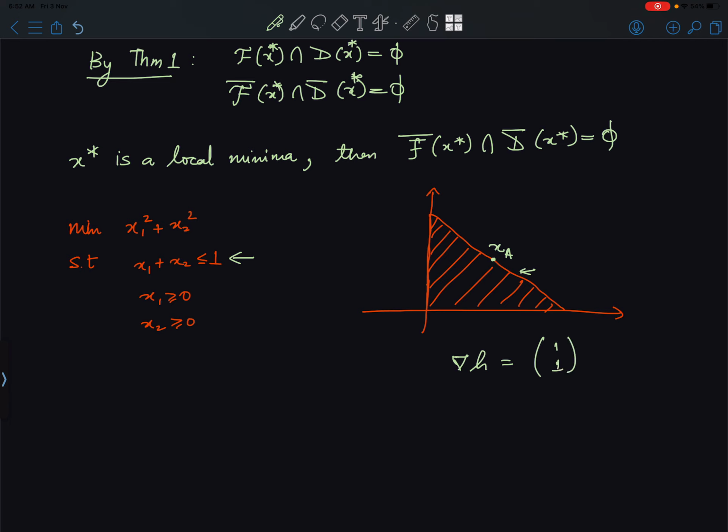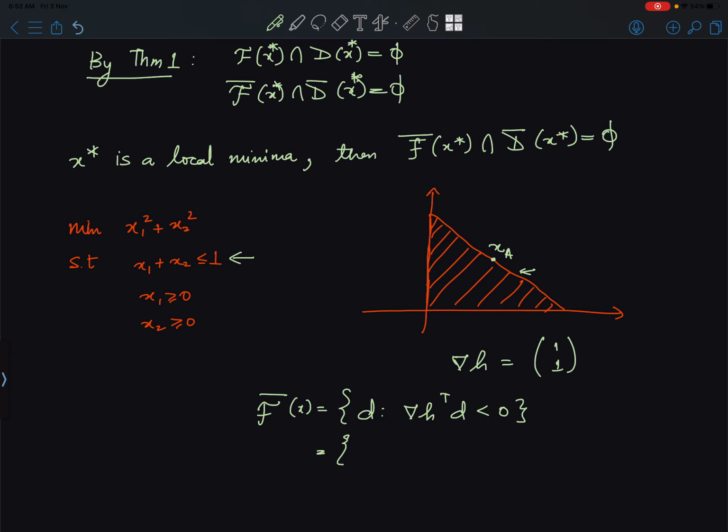And if I have to see the feasible direction, then the set of all d's which form this is my, sorry, not a descent direction, a feasible direction. So the set of all such d's will give me some subset of feasible directions.